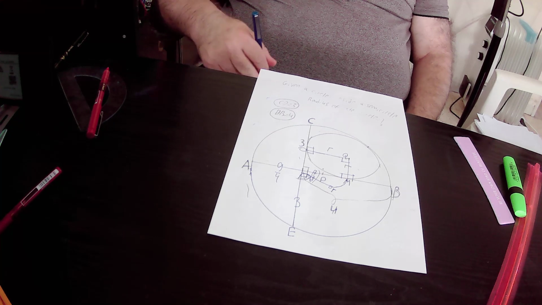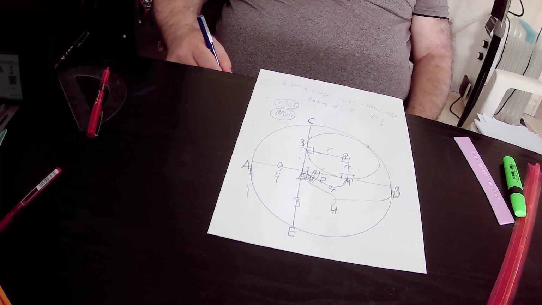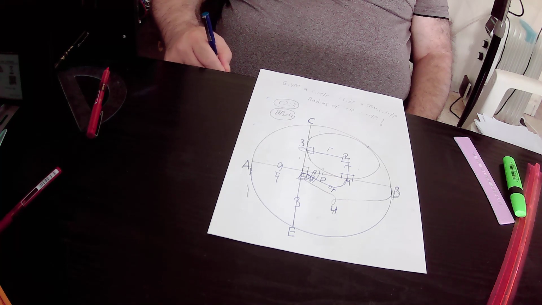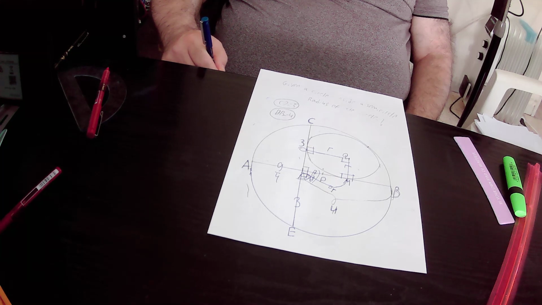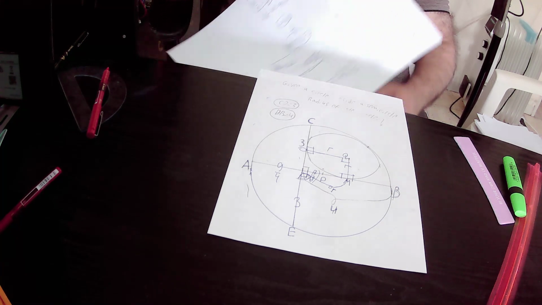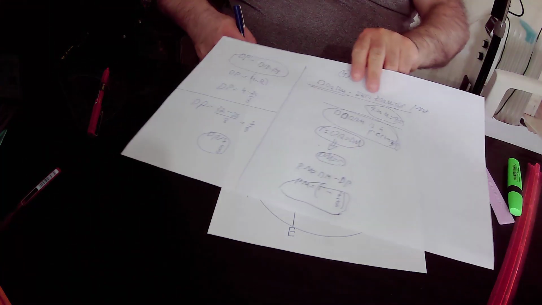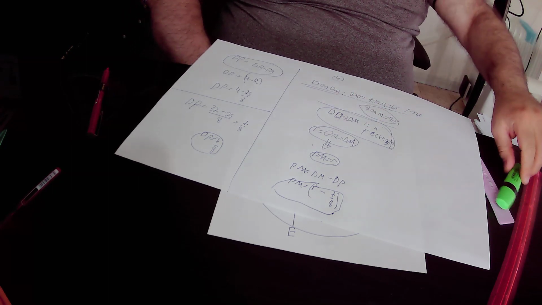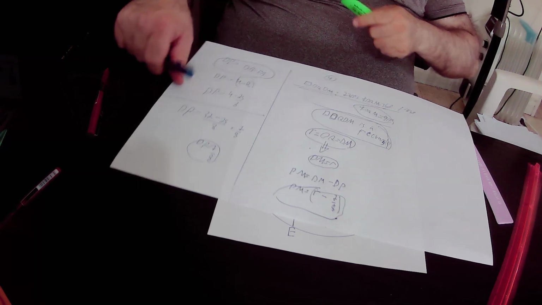And in conclusion, we found out that PM equals r minus 7/8. Here, PM equals small r minus 7/8.